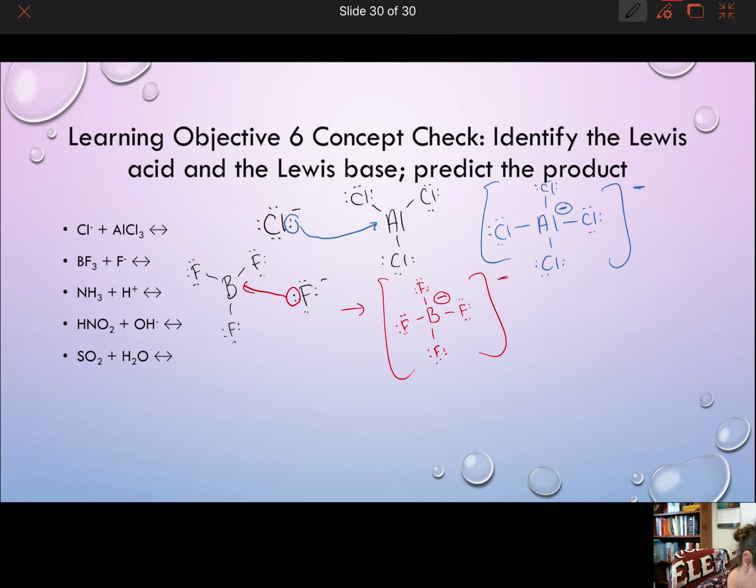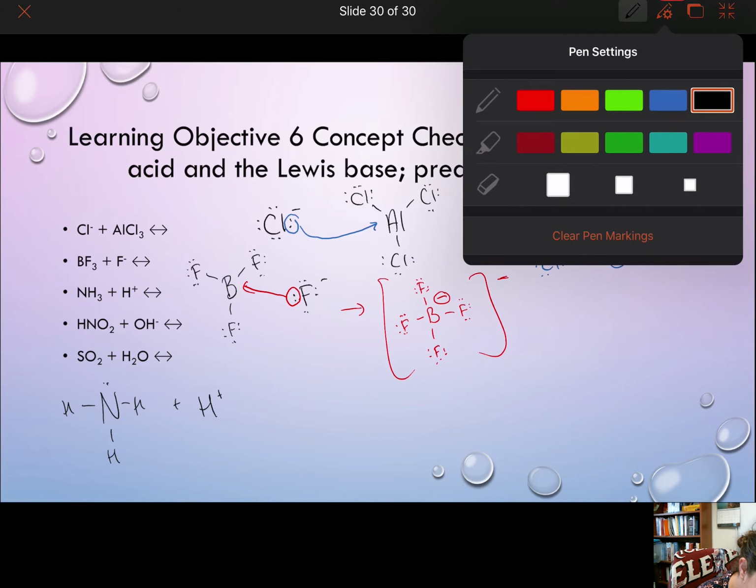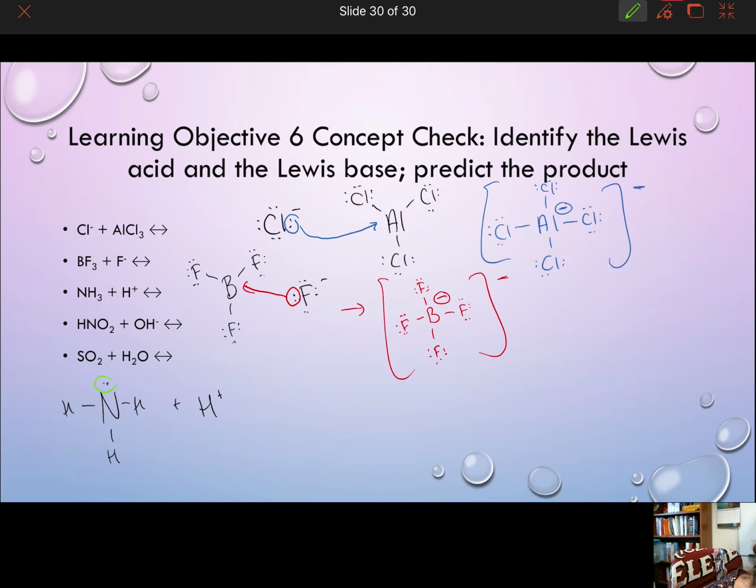NH3 plus H plus. Here we have this electron pair here, which will donate here, producing the species here, ammonium.